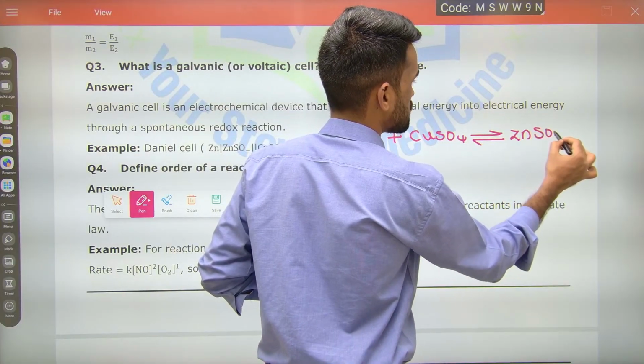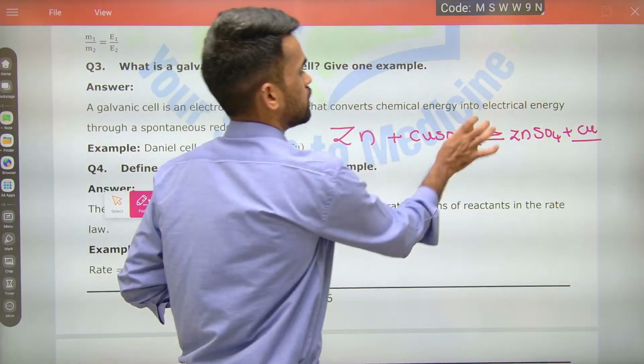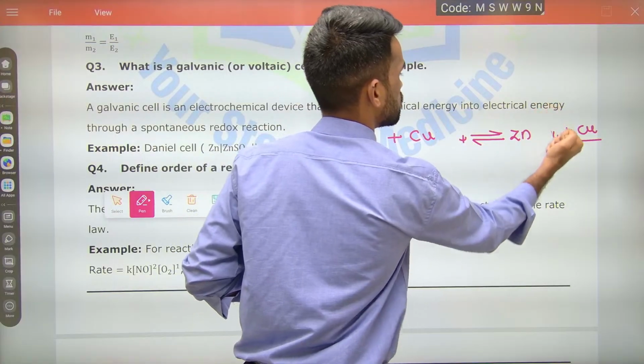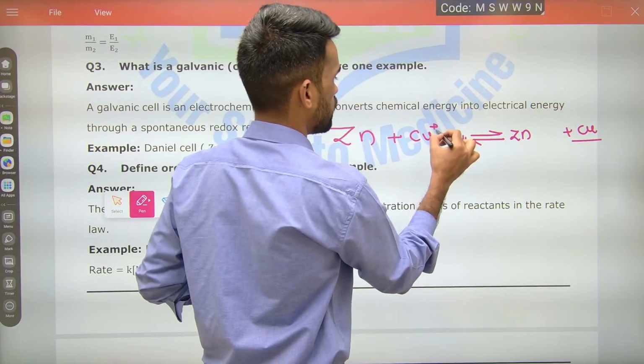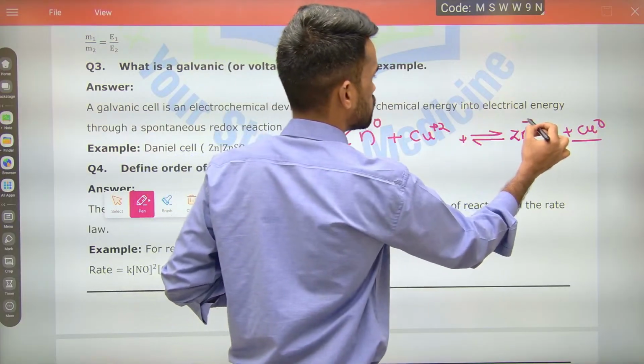So it becomes zinc sulfate and copper metal is formed. Copper +2 ion is converted into the 0 oxidation state, and zinc 0 is converted into Zn+2.